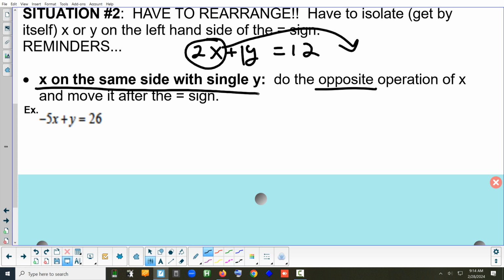All right, so let's look at this one. We have an x on the same side of the y, and I want to get rid of this. How would we put the negative 5x on the other side? Yep. You're going to do the opposite operation. That's a negative 5x.